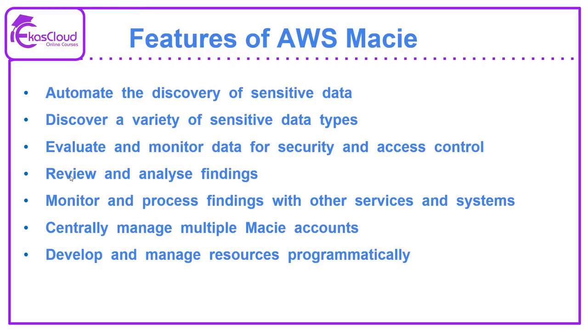And another thing will be it would help to discover a variety of sensitive data you might have within your different S3 buckets. So once you set up some criteria, it would use machine learning to work out the kind of sensitive data within your organization.